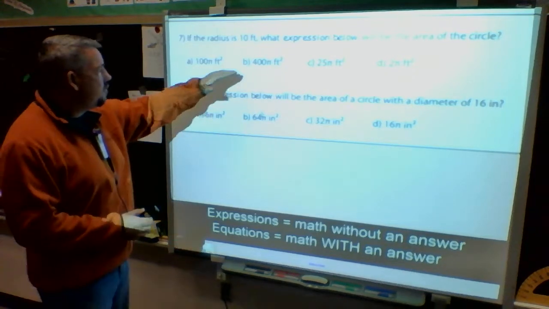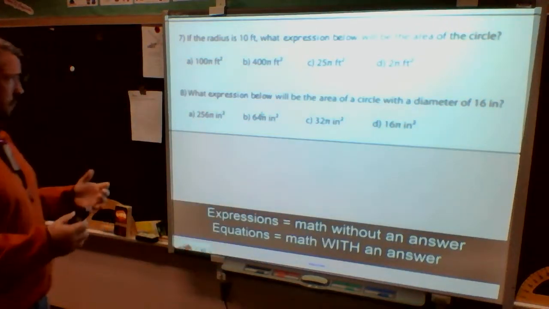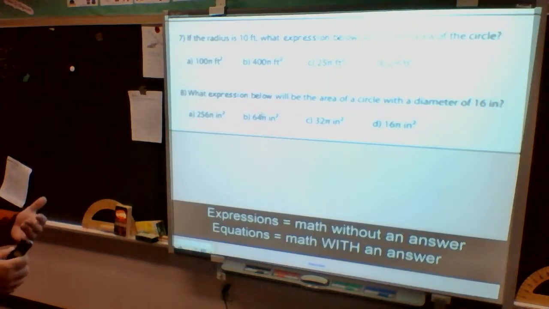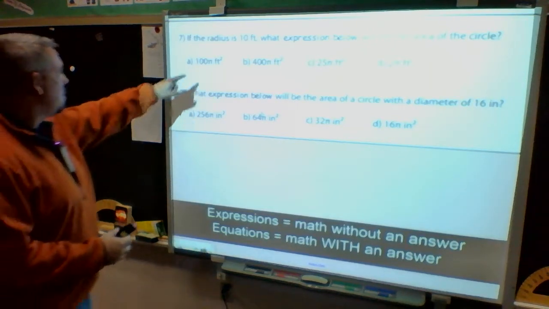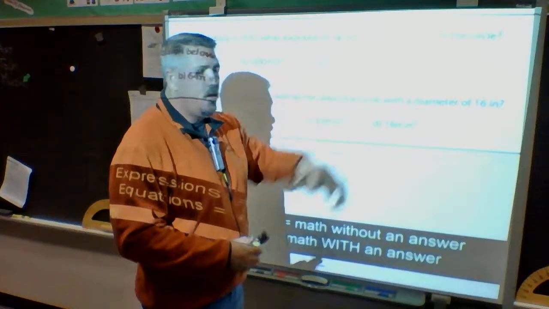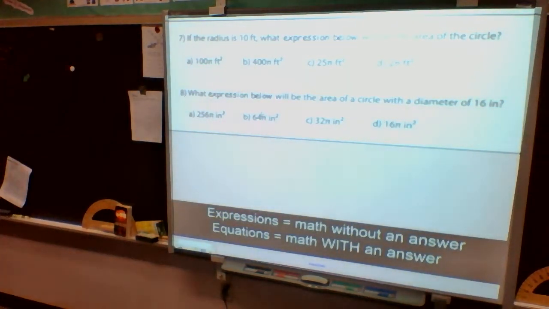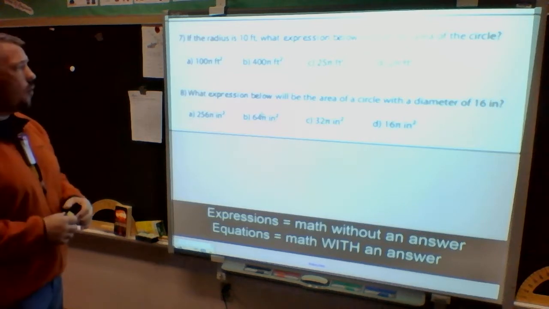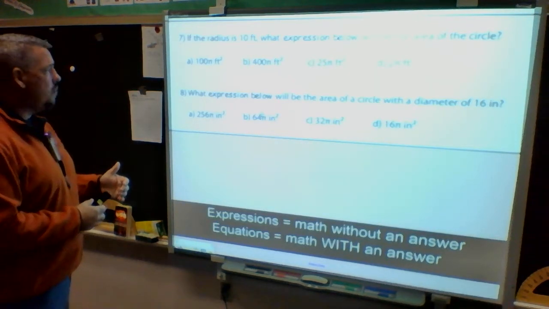So all of these, if you notice, they don't have equal signs and a final answer. So we're looking for an expression where we've done some of the work, but we haven't finished up. So notice we have our pi, and then our labels out to the right on each of them. It doesn't matter where the label goes because we know what it is that we're going to look for, and it's going to be a squared label.